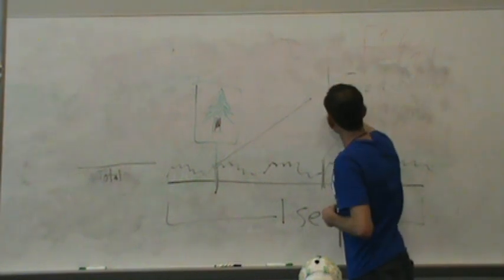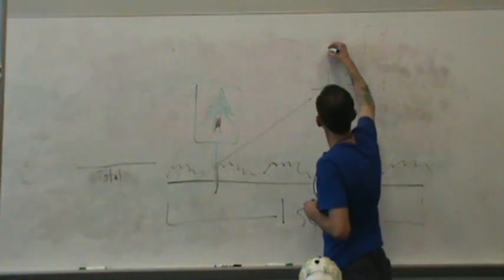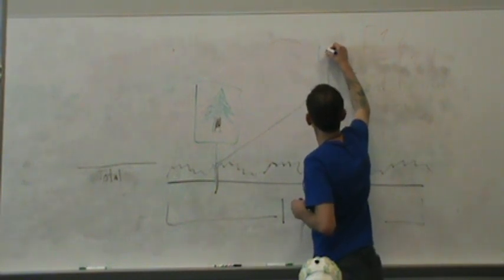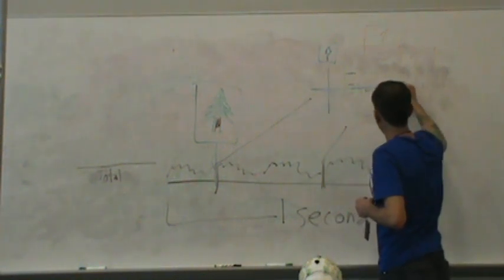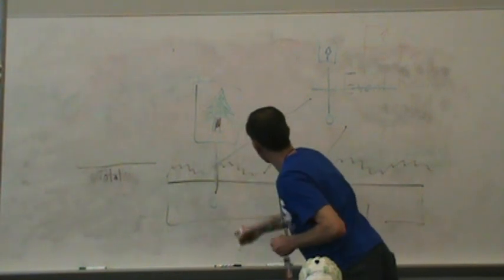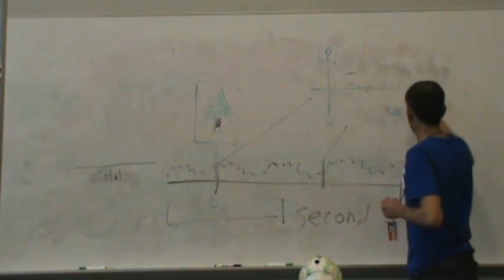And we notice that right here is when the tree comes in. So here's our tree. I'll draw it in blue this time. And here is time 0, which corresponds to when the tree came. And here is 500 milliseconds.